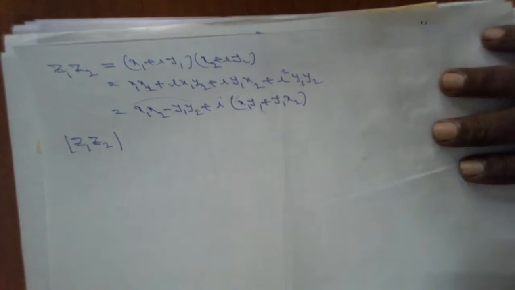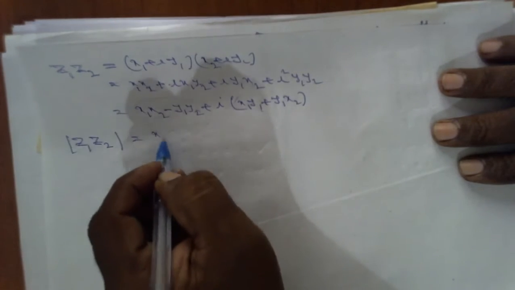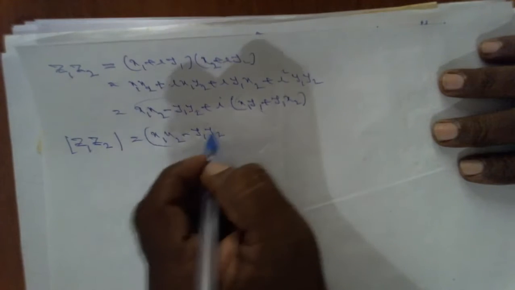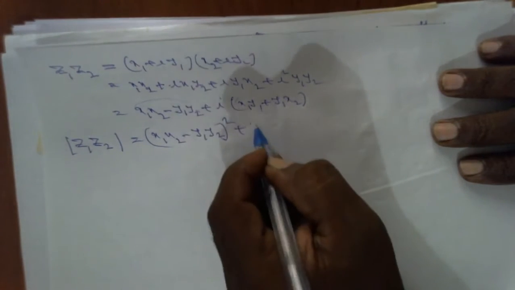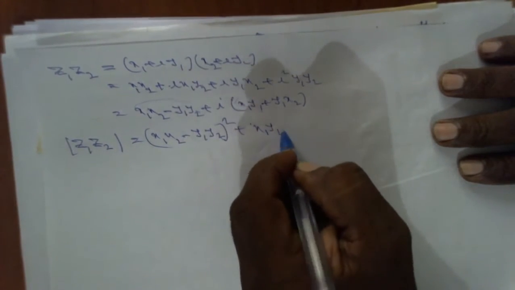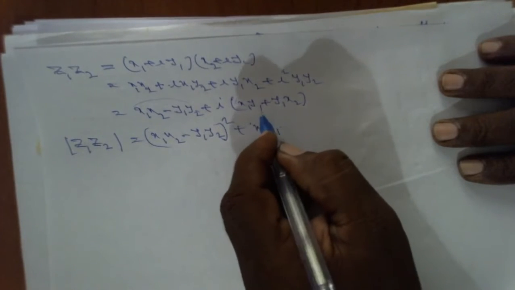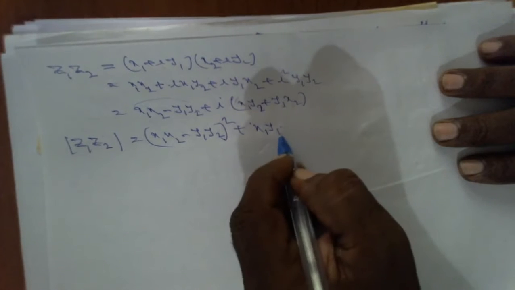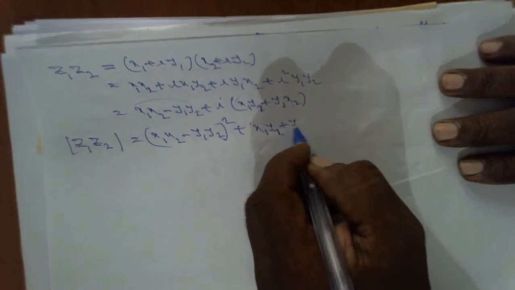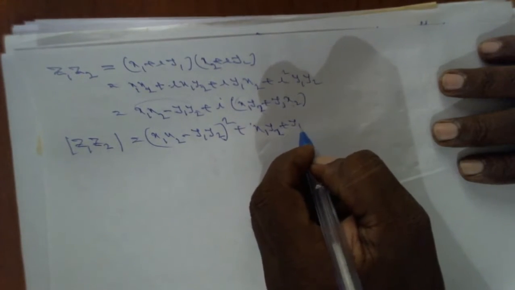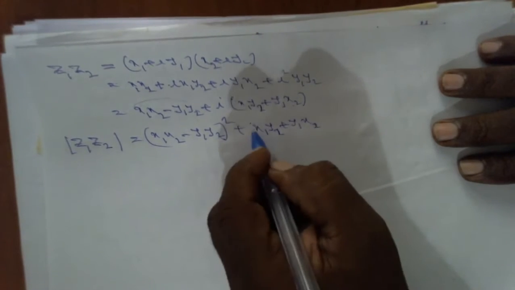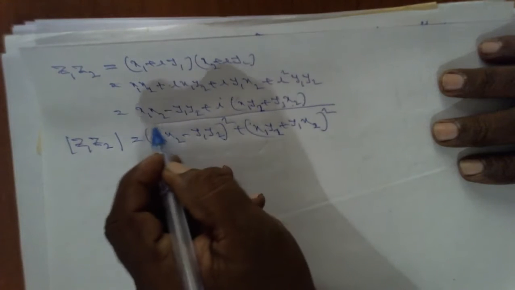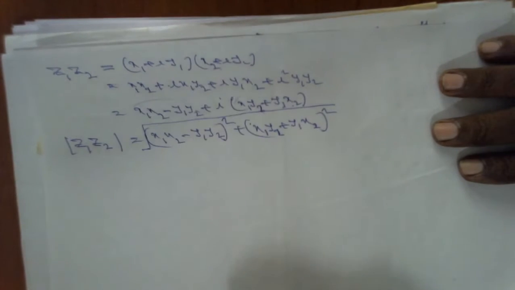The modulus of the product is the square root of (x1 x2 minus y1 y2) whole squared plus (x1 y2 plus y1 x2) whole squared.